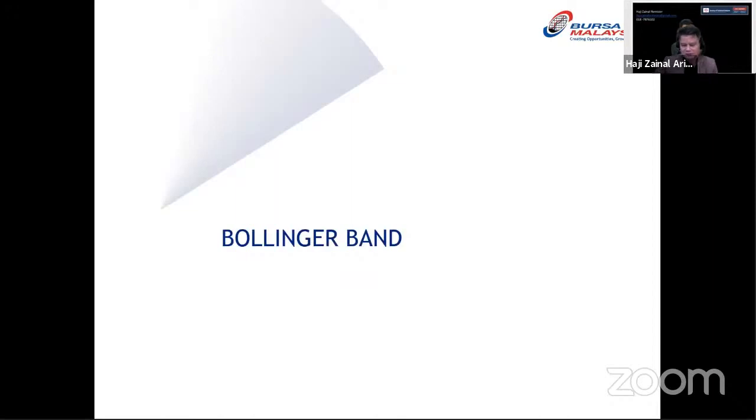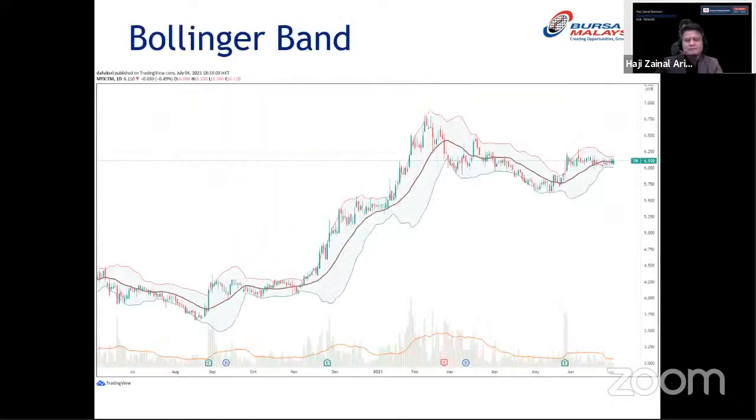What is the Bollinger Band? This is a Bollinger Band. I believe all the traders here have seen this kind of Bollinger Band before. There's a difference between the Bollinger Band and the envelope, or moving average envelope.